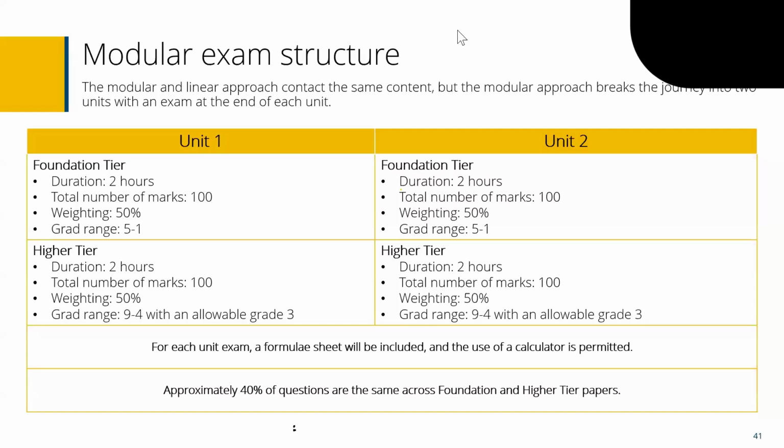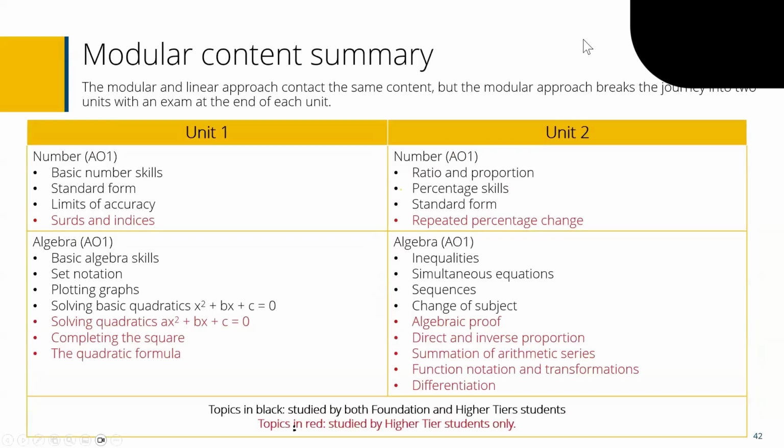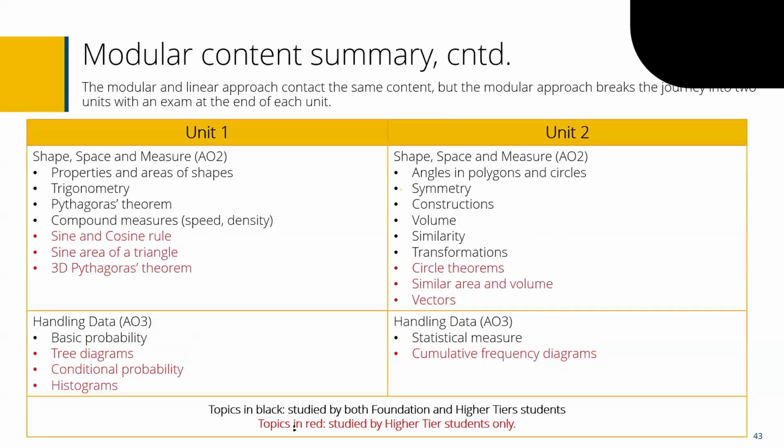If I go into a bit more, you can see a summary of it. And again, you can see how it breaks between foundation and higher tier, the black and the red there. And then I can show you a bit more of an example of this one. Don't worry about making scribbles or notes on this. The slides will be shared with you, and you can find more details online as well.